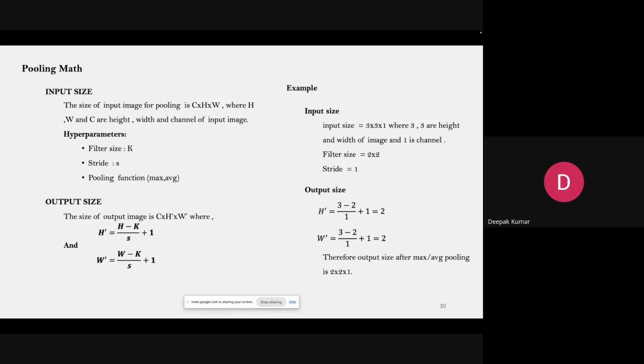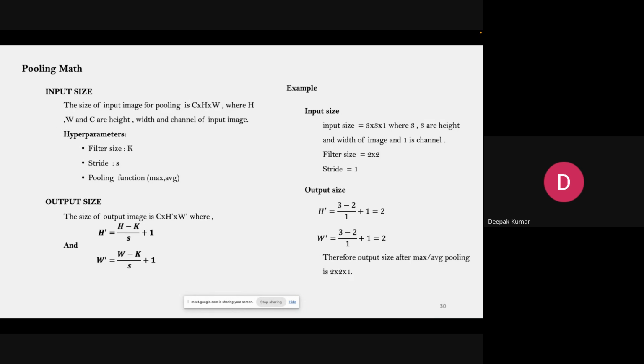So if the image is 3 and the pooling filter size is 2, stride is 1, and as you were asking, sir, here we have taken the padding as 1, so the final size would be 2. The effective size after applying the pooling is 2, height and width both 2 by 2, right?